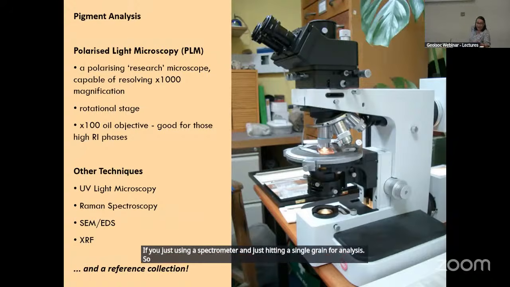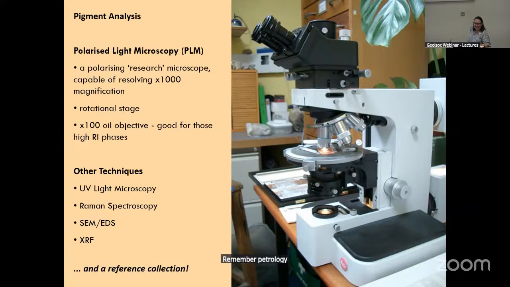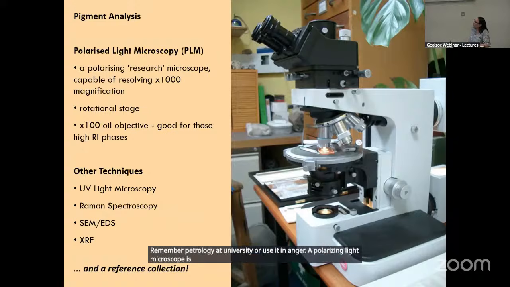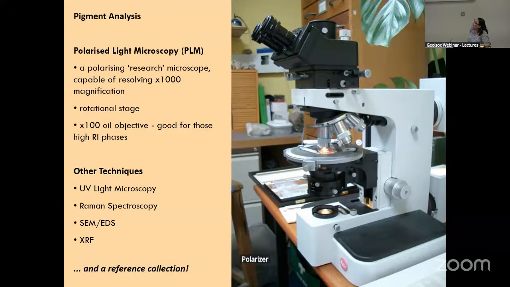For those of you that remember petrology at university or use it in anger, a polarizing light microscope is essential. It's a normal light microscope fitted with a polarizer and an analyzer, and you do need a pretty decent one.